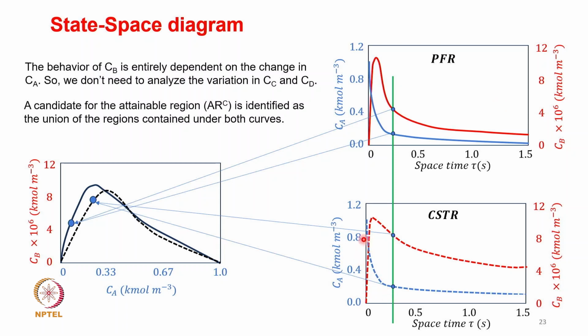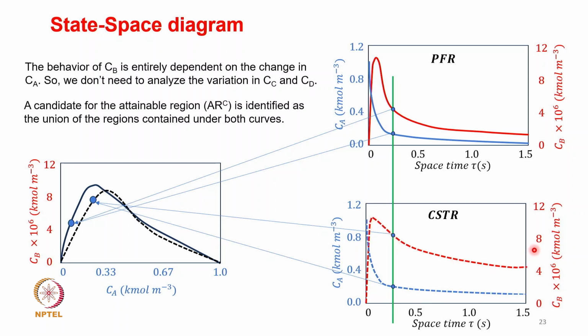The dashed lines represent the CSTR profiles, and the solid lines represent the PFR profiles. And here also your A would be continuously decreasing, and B would reach a maximum, then finally decrease.